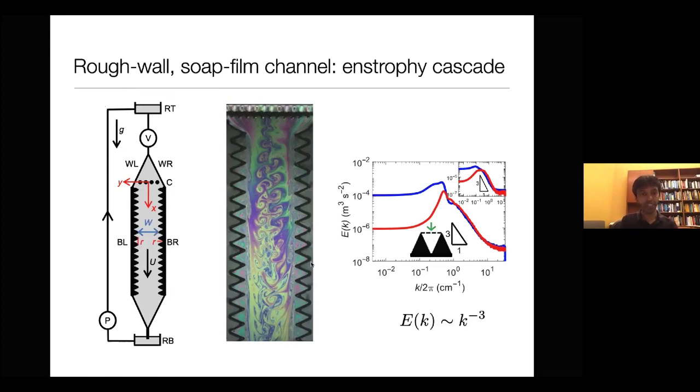Here is an image of thin film interference, and a bunch of combs sticking through, and the decaying turbulence from the comb creates the -3 spectrum across the width of the channel. With red and blue curves, we have measured the spectra at different positions and confirmed that it conforms to the enstrophy cascade.